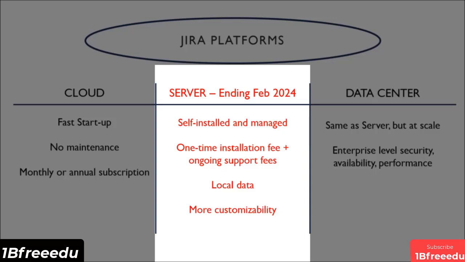But on the flip side, because it's locally installed, you have more power over customizability. You have access to server logs and the Jira database, so you can run different queries to get the data, install custom code, things like that. But all of that did come with the headache of managing things yourself.